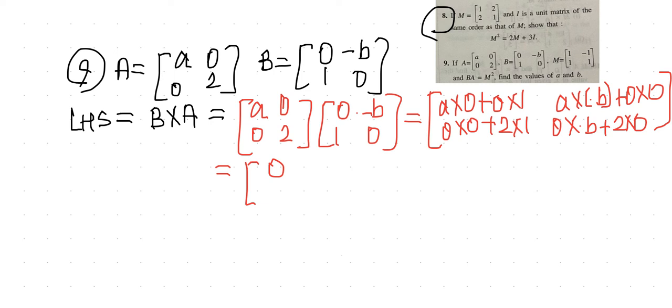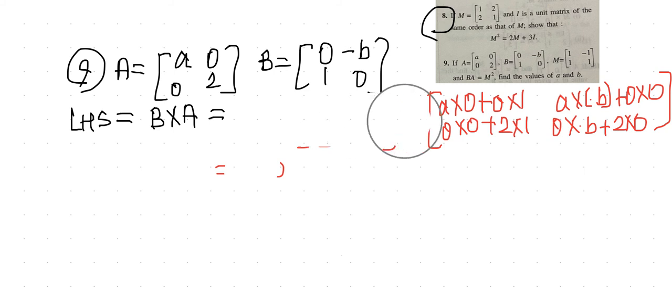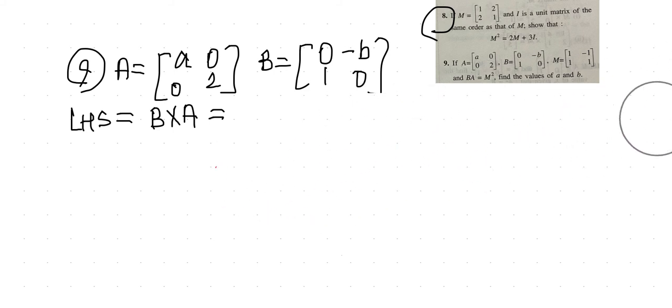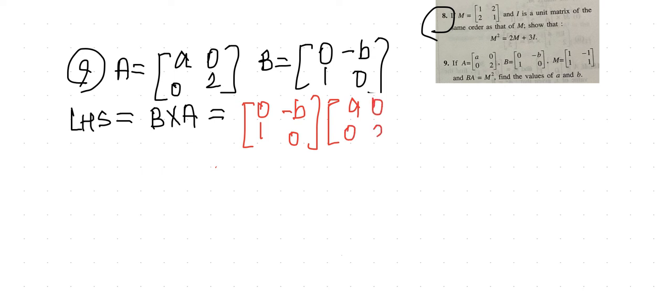See, I have done the same mistake, children, that I was telling you not to do. We have to multiply B into A, and what I did, I multiplied A into B. So that was the mistake. So this is 0, 1 minus B, 0, and then here I have A0, 0, 2.